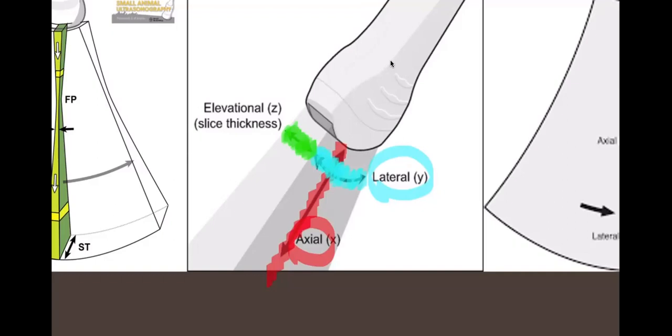So as you can see, there's three different dimensions to the beam, right? It's a three-dimensional structure. The green represents a measurement of the third dimension.